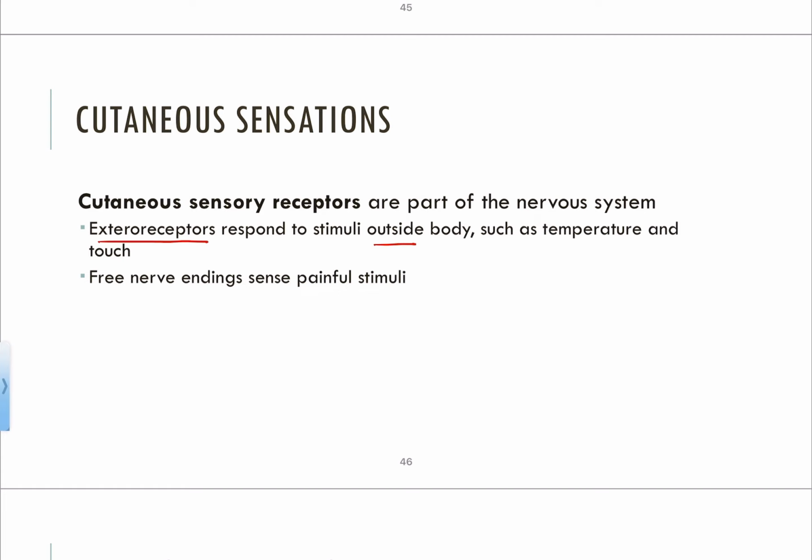Some examples of the exterior receptors that we talked about previously are our tactile or Meissner corpuscles, or our lamellar corpuscles. And those are going to sense deep pressure. We also have some hair follicle receptors, and just like I said, we have some plain free nerve endings that can sense painful stimuli.